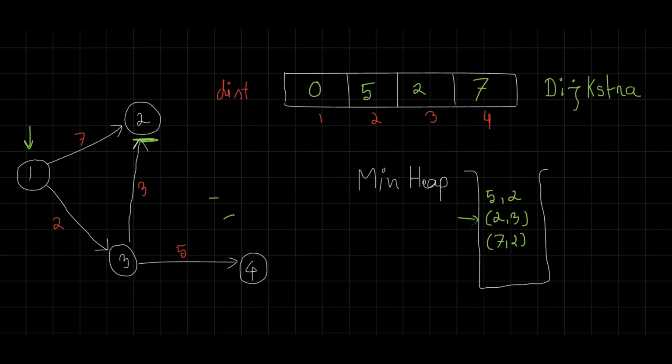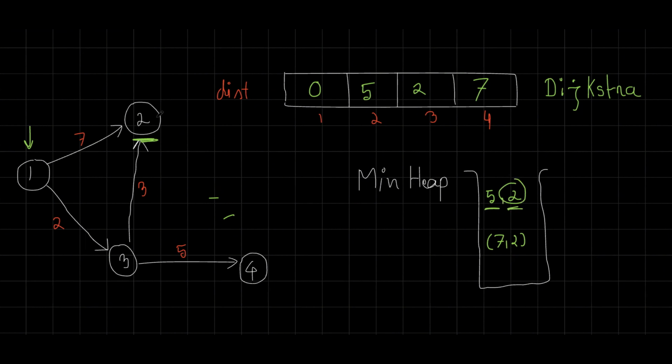Now we have processed all of the entries of node 3. So far, what is the top element of the min heap? It is 5 and 2. So currently, our current node is 2 here, because in the min heap, the first element is the weight and the second element is the node itself.